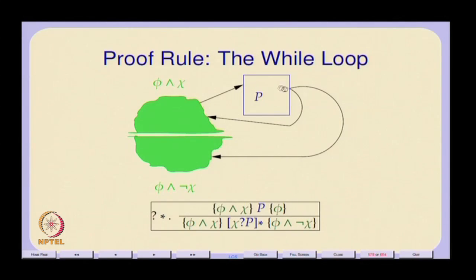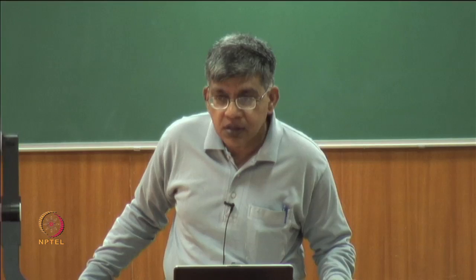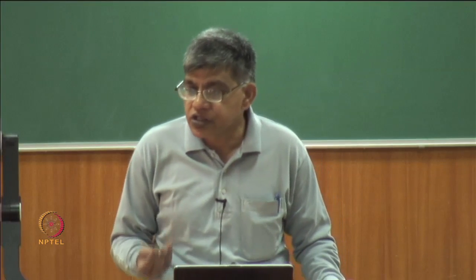Now, this looping can happen as often as possible, and you can think of that while loop as an if then else with an infinite unfolding, an infinitely nested if then else which has infinite exit branches depending upon the number of iterations of the while loop.